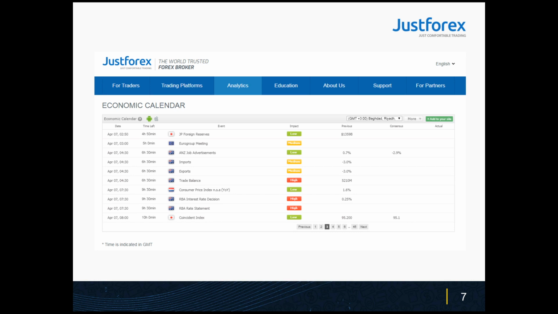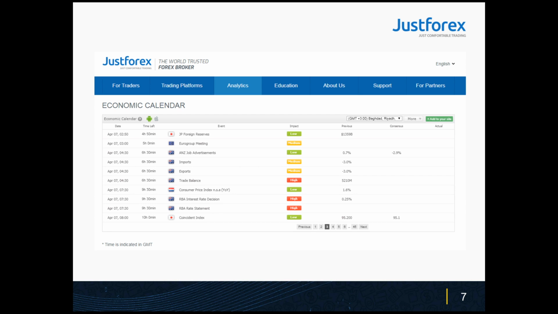This is actually a specific tool where you can look for the events and for the reports, because basically the reports are something that happens on a consistent basis. It is something that you can always find in the economic calendar, and actually be prepared for that.